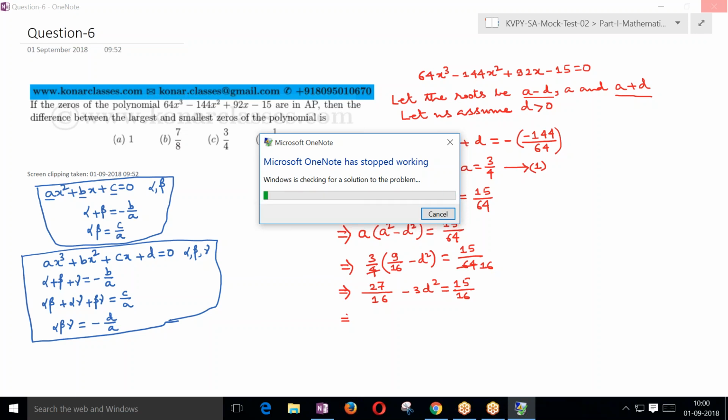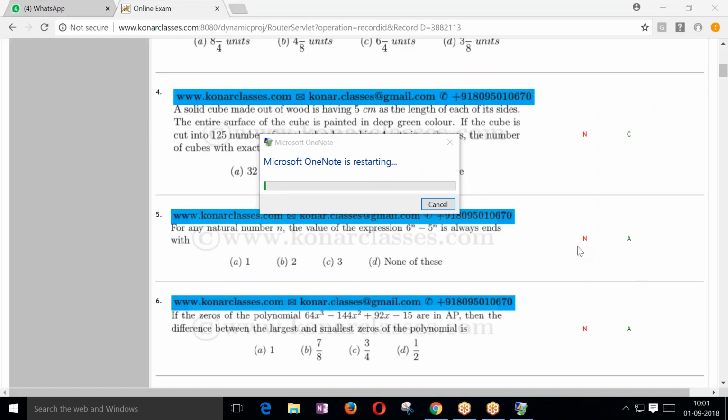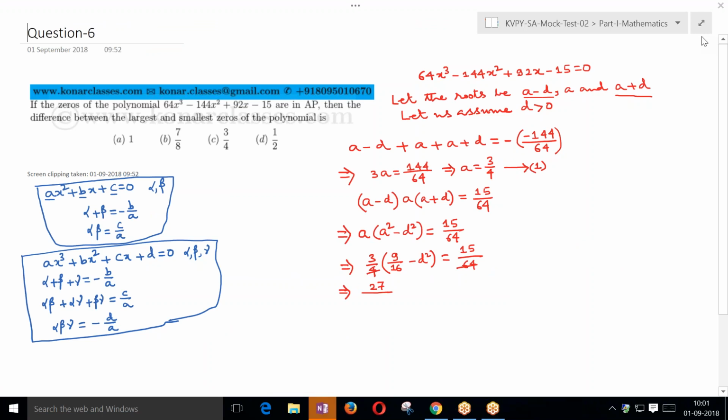There is an update happening. I think it has now come back to normal. Let me make sure that you are able to view this page. Just give me a minute. Yes, now it is coming back to normal.